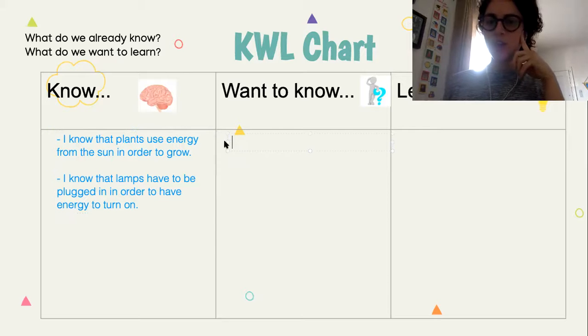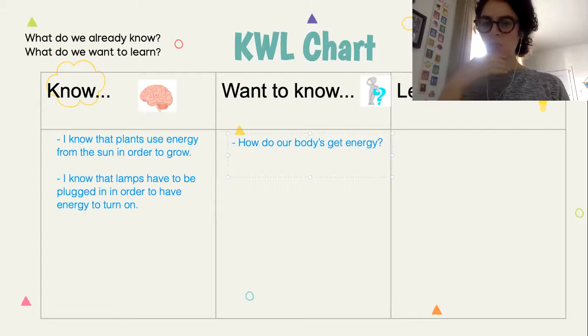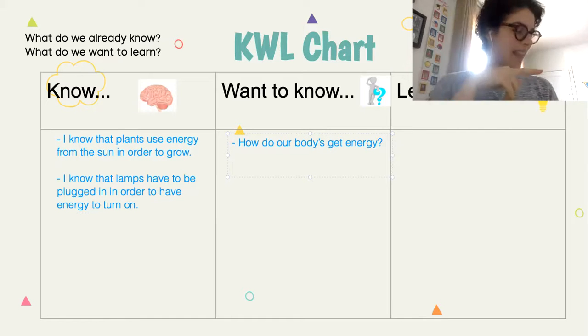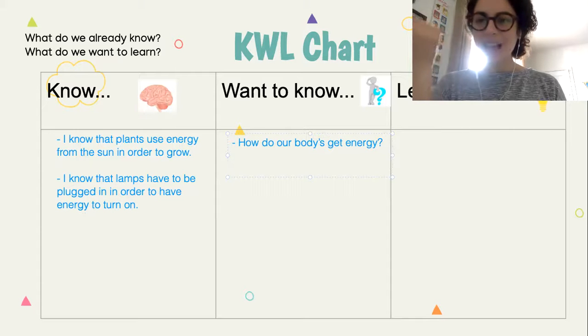But if this is something you want to know, I could want to know how do our bodies get energy? Hmm? Maybe I want to know, so I know that lamp needs to be plugged in, but where does that energy come from? It's plugged in.